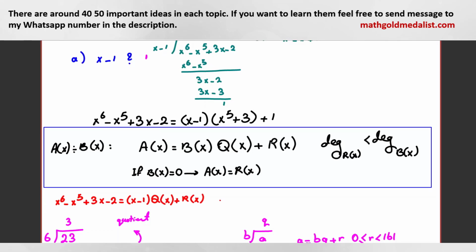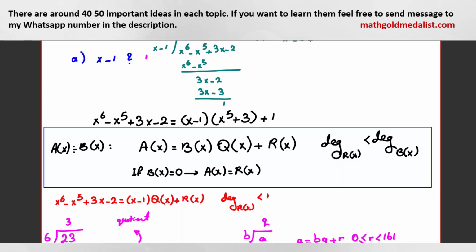Now, what is the condition here? In this box we have a condition. The degree of the remainder r of x should be less than what? 1, exactly.